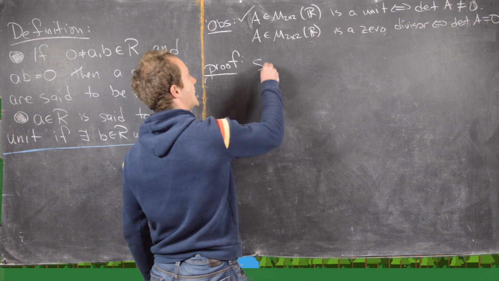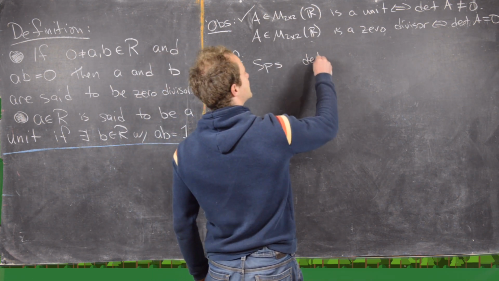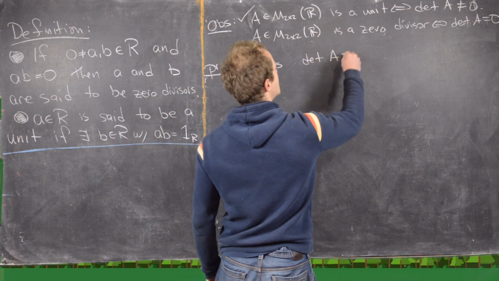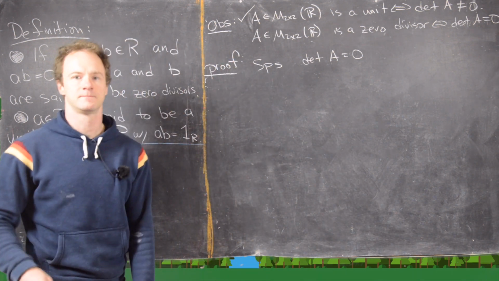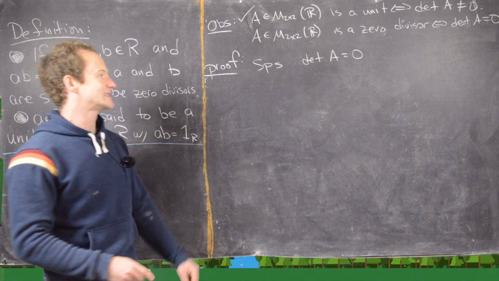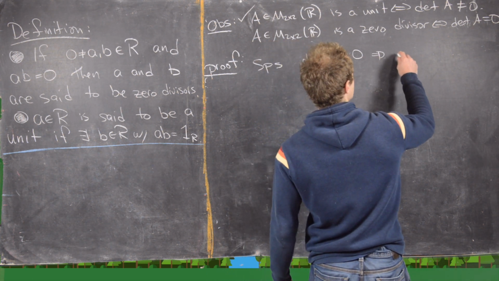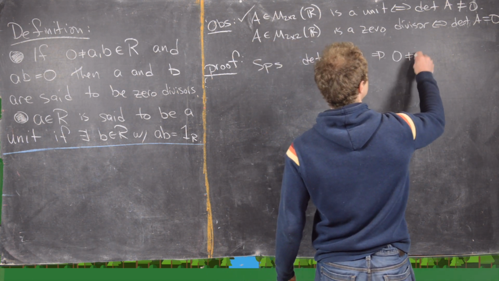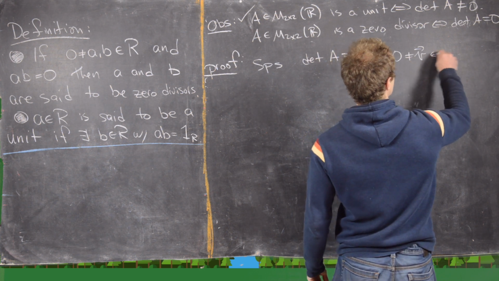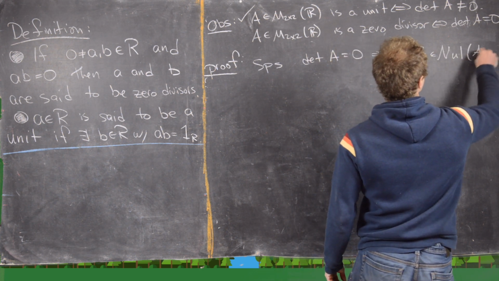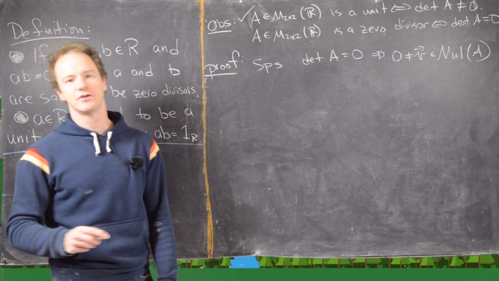So let's go ahead and suppose that the determinant of A equals 0. And so what that tells us is that the null space of A contains some vector V. So there's a bunch of ways that you can attack this.